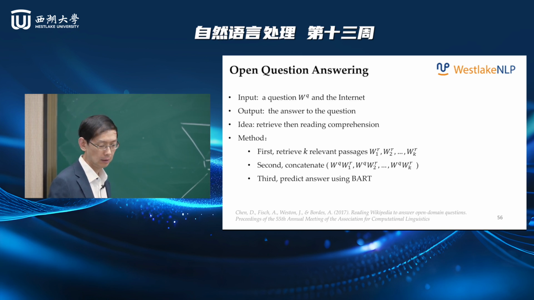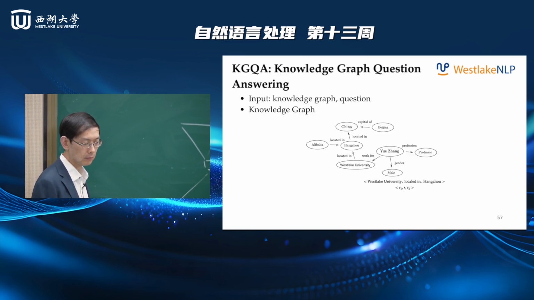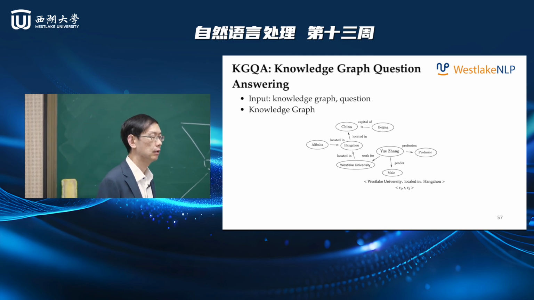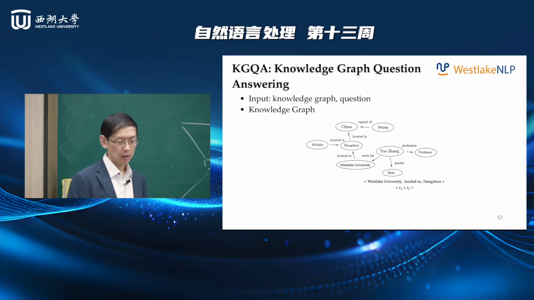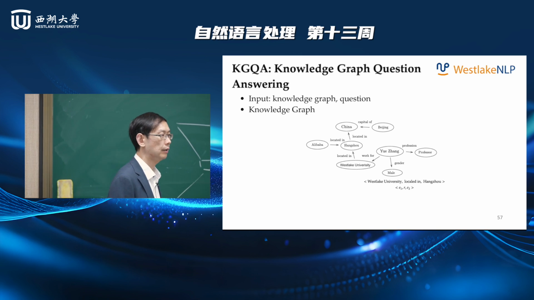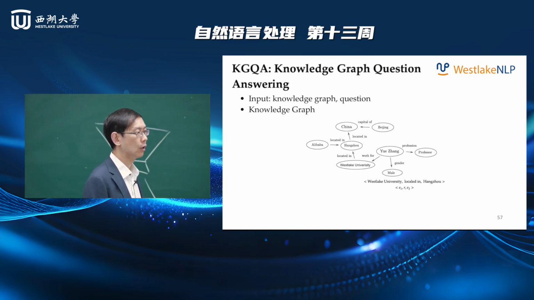There are many improvements you can do on this basic structure. One thing that's worth mentioning is dense passage retrieval, DPR, okay? DPR uses BERT to find the most relevant passage according to the question.